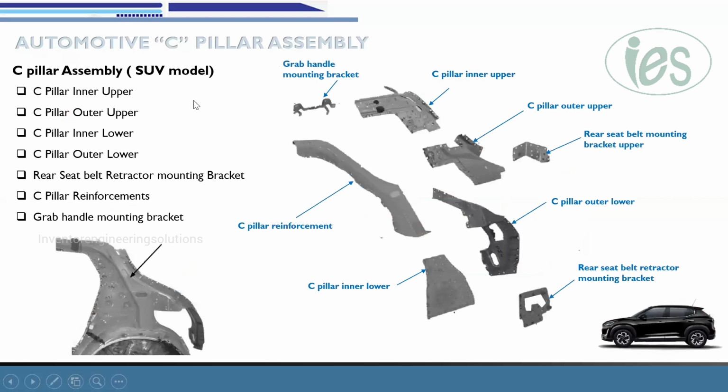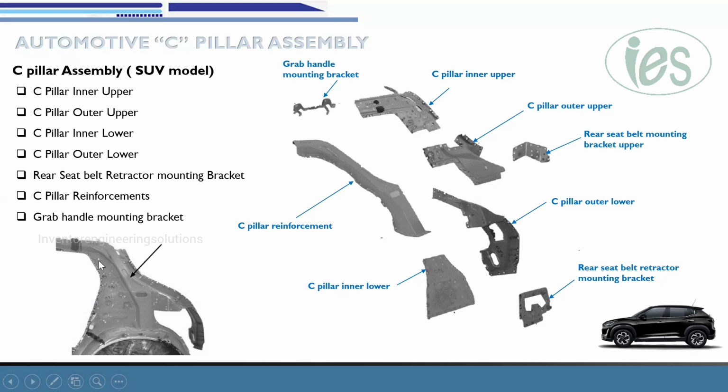Okay. Next, it is for the SUV model. The SUV models are a little rugged compared to the hatchback and the sedan. For that, the rear torsional rigidity and the durability will be very high compared to the sedan and hatchback models. So we used to have the C pillar outer as well as the C pillar inner.